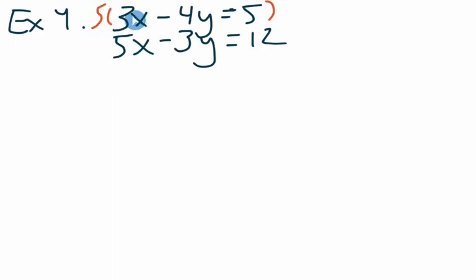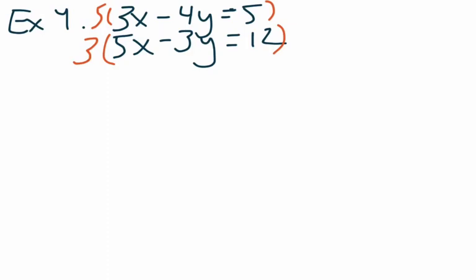So if you take the 3x and you multiply it by whatever the coefficient of that is, and then take the bottom equation and multiply it by whatever the number on the top was, it will always, always work. It might not give you the smallest numbers. You might have numbers that are bigger than what you actually want, but it'll work and you don't have to think too hard about it.